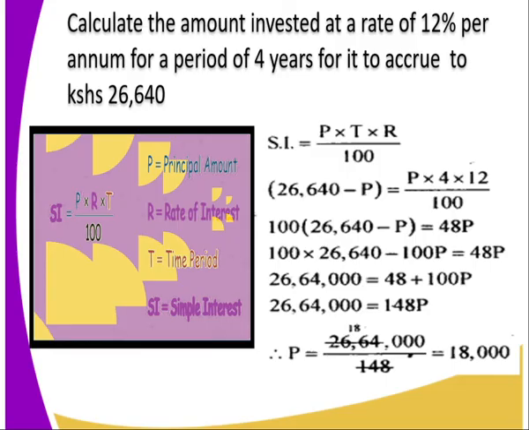We take 100 to the other side, which gives 100 times 26,640 minus 100p is equal to 48p. So you are getting 2,664,000 is equal to 148p. So p is equal to 18,000. That is how we get the principal in that case.